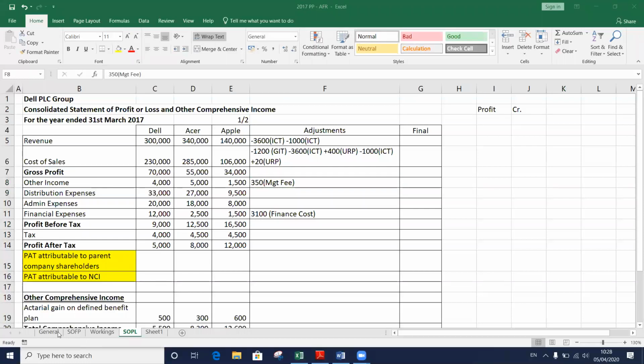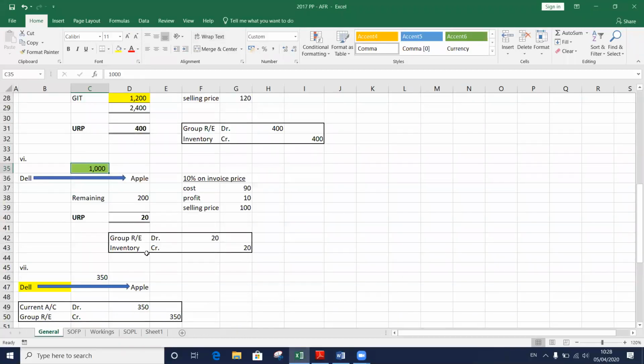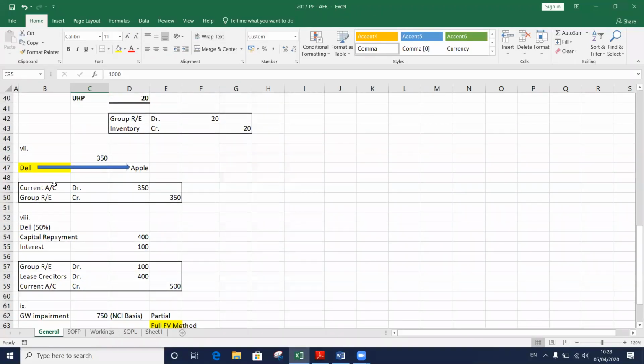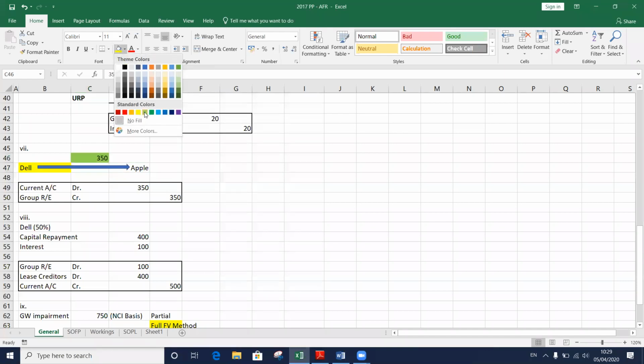Management fee. මේ 350 ආවිලා තියෙන්නේ කොහොමද? Dell අපේ parent company තමයි management service එකක් provide කරලා තියෙන්නේ Apple PLC ලට. එහෙනම් මේ 350 කියලා කියන්නේ intercompany transaction එක. අපිට මේක ආදායමක් වෙනවා වගේම Apple PLC ලට මේක admin expense එකක්. එහෙනම් මේ දෙකත් eliminate වෙන්න ඕන. Right, this 350 we should eliminate.